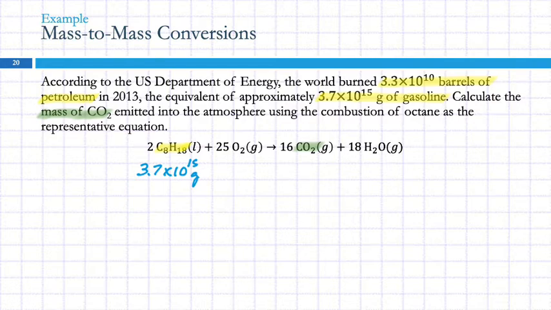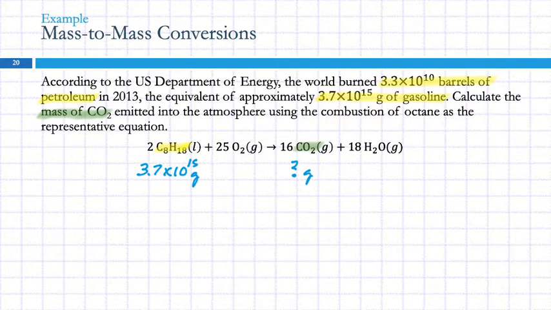And what I want to know is over here, it says mass, didn't give me a unit. What unit would be convenient? This was grams. It's easiest to just keep with the same unit. So we're going to look for grams of CO2.